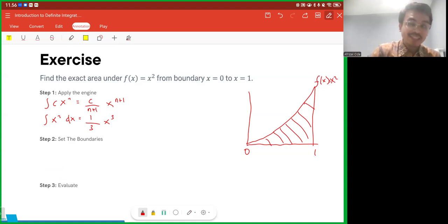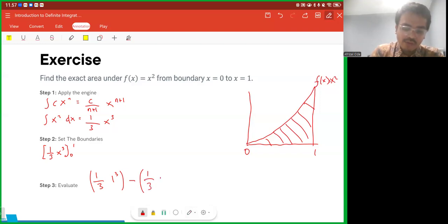And the second step is set the boundaries. We have the boundaries. Remember that? All right. Our boundaries are 0 to 1. And then the last part is we evaluate it. The first one, we put the upper bound first. So basically, we're going to have our upper bound, 1, and then we substitute it by our lower bound.